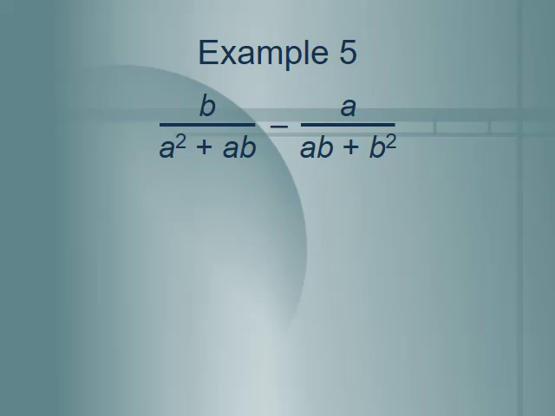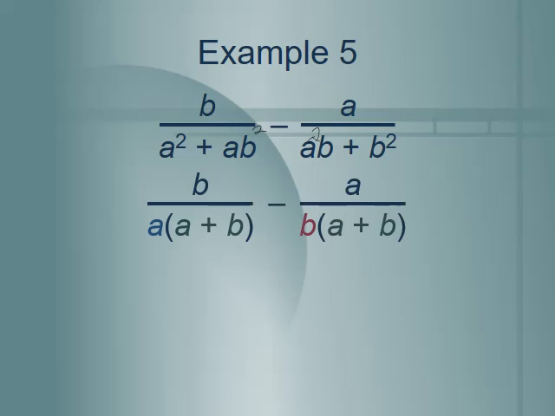Okay, so these denominators are pretty similar, but just a little bit different. If I made this be squared and this be squared, it would be pretty similar.